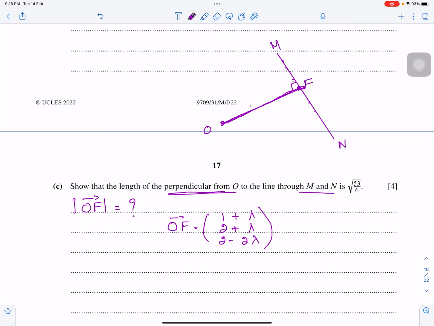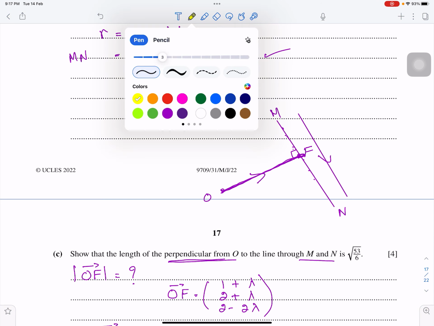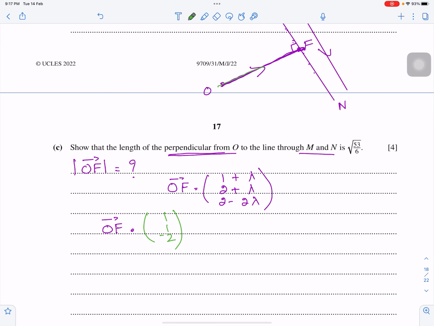Now this direction and the direction of the line MN are perpendicular to each other, and we know that when two vectors are perpendicular, their dot product is 0. So OF and the direction of the line, which is 1, 1, minus 2, are perpendicular to each other.